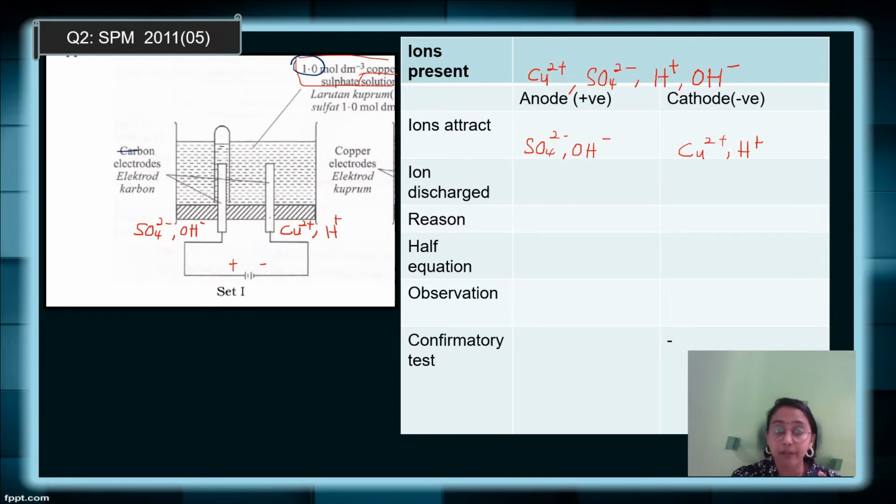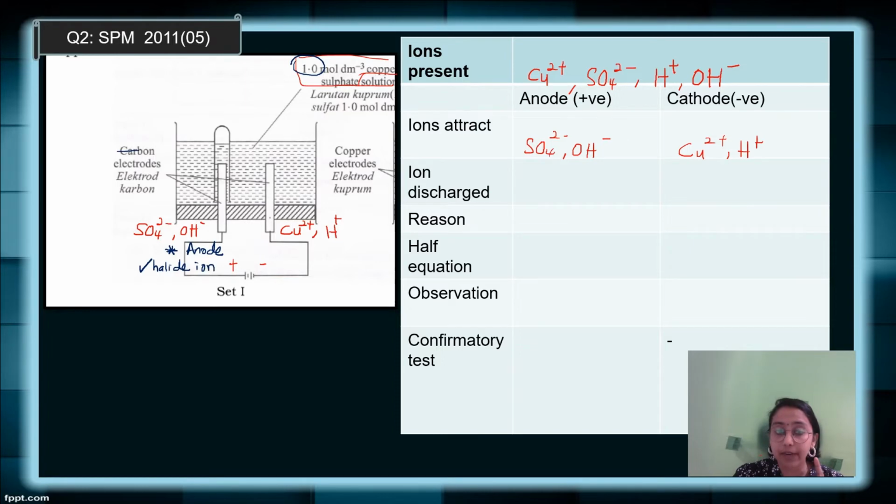But remember, for the anode, here is a very important remark. Make sure you remember this. Even if the solution is concentrated, 1 molar and above is considered concentrated already, if you want to apply the discharge of ions based on concentration, it's only applicable for halide ions.